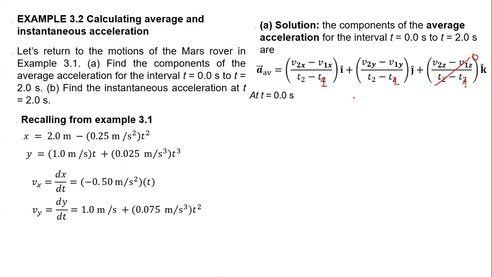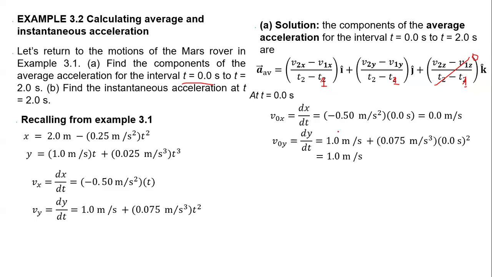At t equals 0, we can also write t sub o, because this is measured from t equals 0, or t1, as long as it's the initial. So for v sub ox, we substitute our time as 0, and we have 0 meters per second, and our v sub oy is 1.0 meters per second.